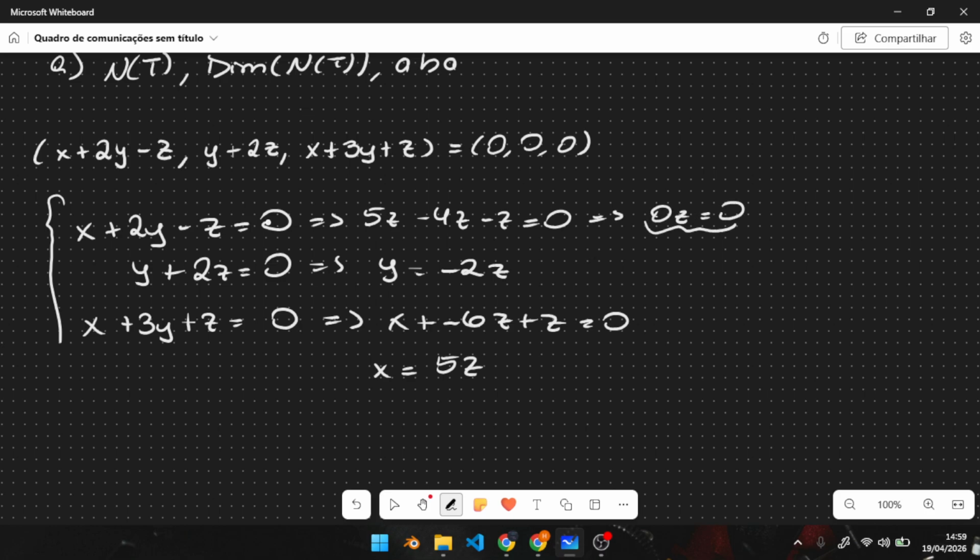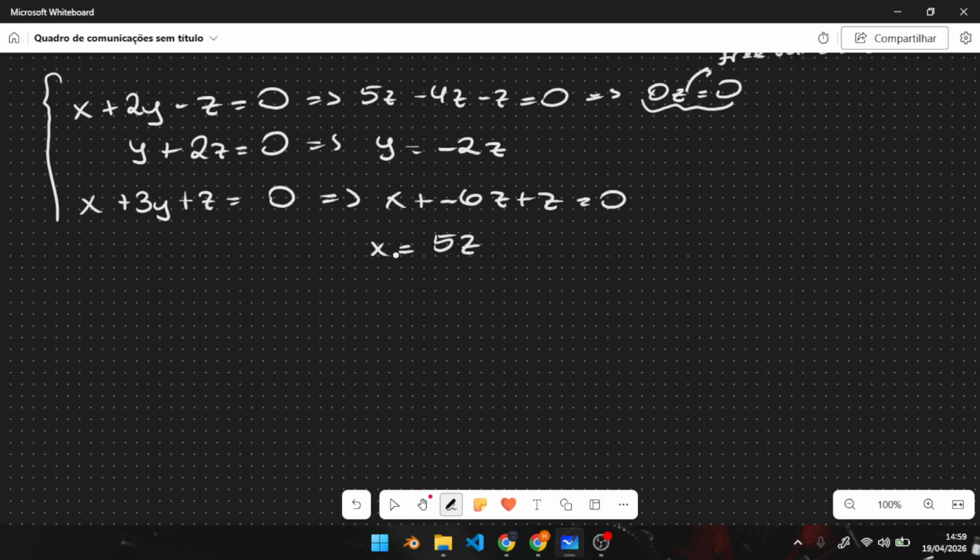When you have something like this, it tells you that z is a free variable. This means that all the other variables x and y are going to be given in function of z. So the solution is that x is 5 gamma, y is minus 2 gamma, and z is gamma itself.